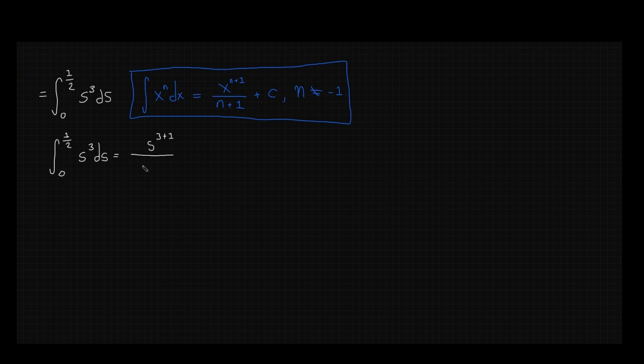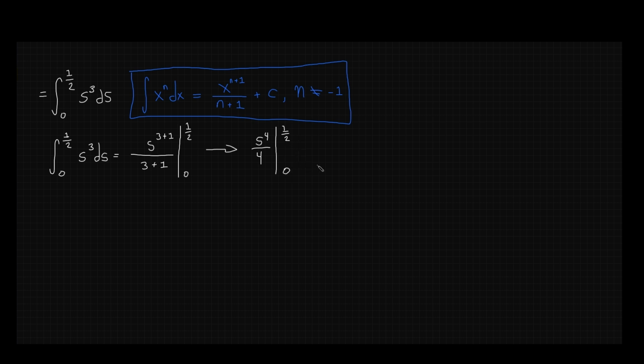The first thing that we'll do is apply the power rule for integration. This is the power rule for integration, and we see that it can be applied because the n in this scenario, which is 3 here, is not equal to -1. So let's apply it. This here is called the evaluation bar, and it's saying that we're evaluating it for 0 and 1/2, right?